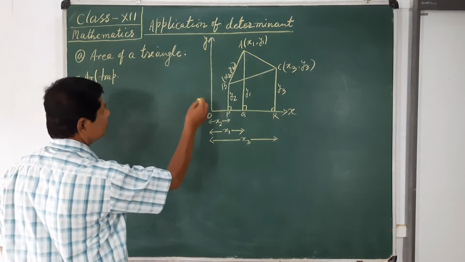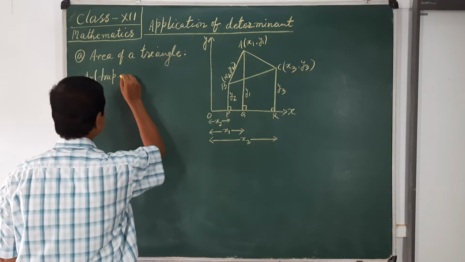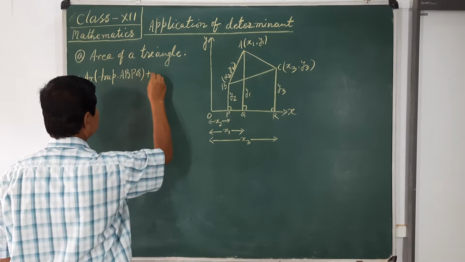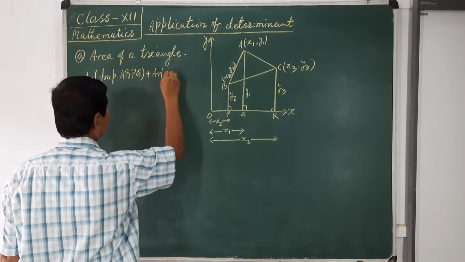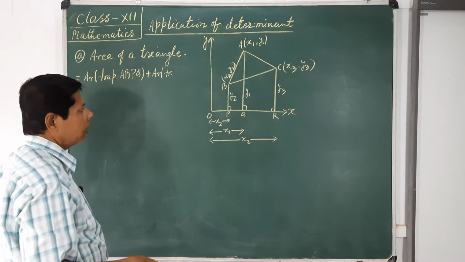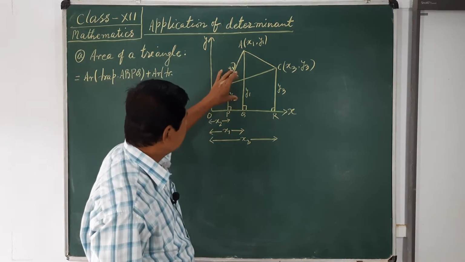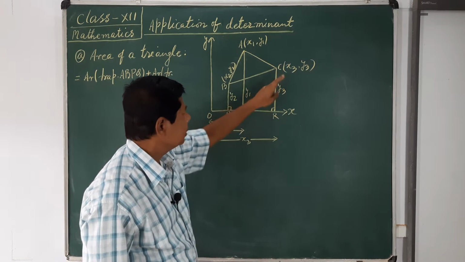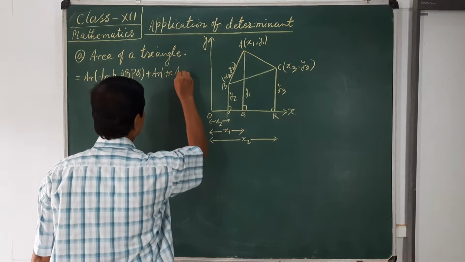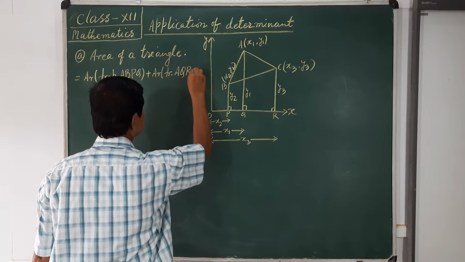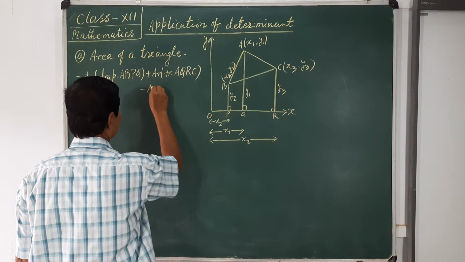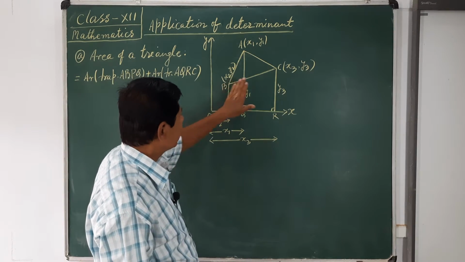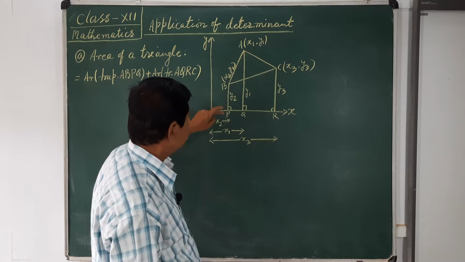So, area of trapezium ABPQ plus area of trapezium (in short we write TR), AQRC, minus area of trapezium BPRC. These two are added and then we subtract this trapezium.